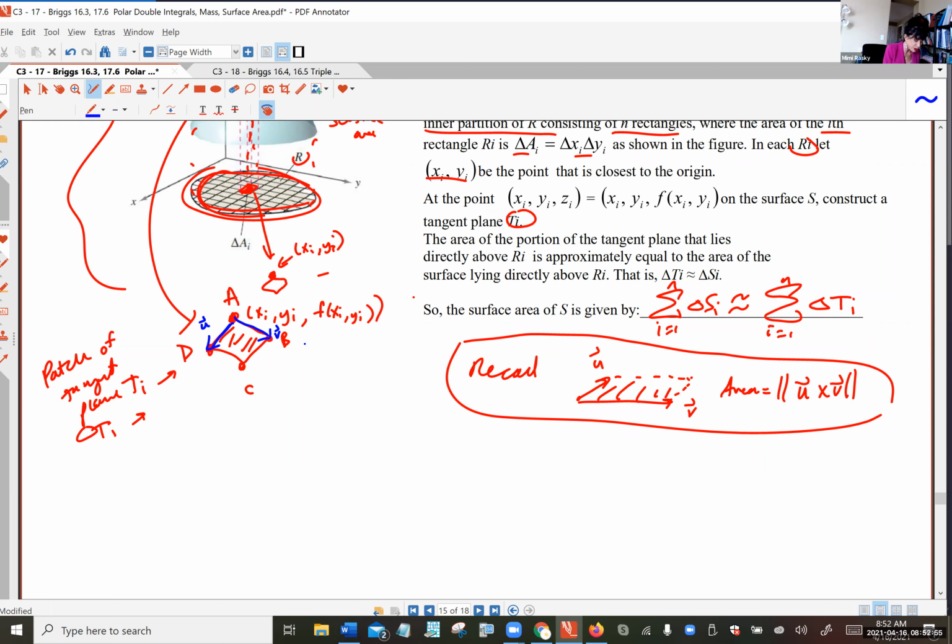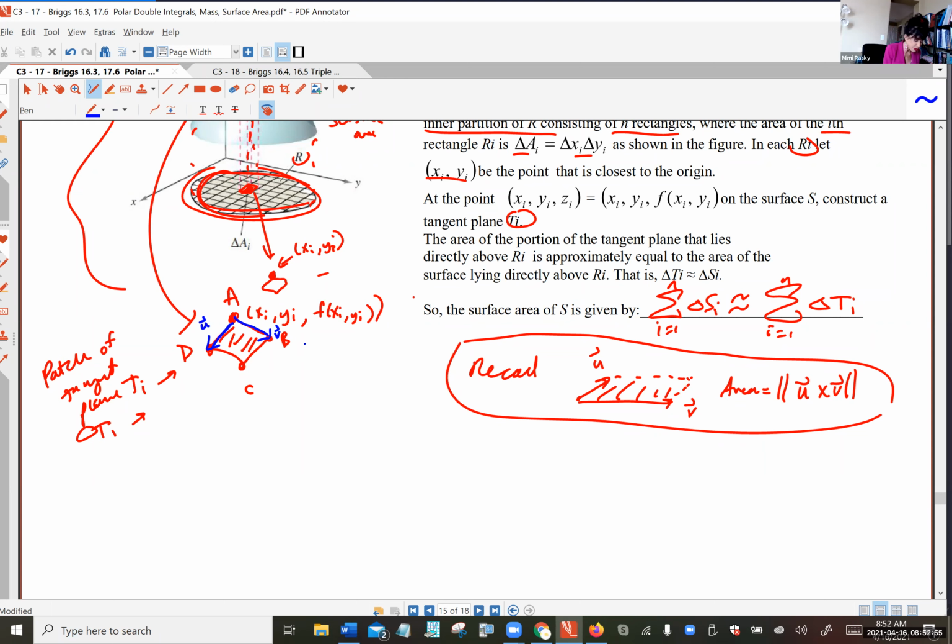Now this point C, since it doesn't share the x or y coordinates of A because it's pushed forward in both directions, is x sub i plus 1, y sub i plus 1, and the z coordinate is f evaluated at x sub i plus 1, y sub i plus 1. And then finally, this D point over here shares the same y coordinate as A, but because it's more in the positive x direction than A, its x is x sub i plus 1, y coordinate is y sub i, and z coordinate is f evaluated at x sub i plus 1, y sub i.